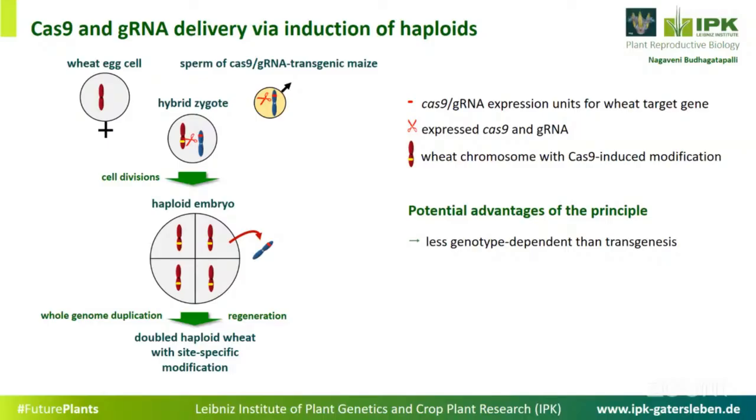And this haploid technology is much less genotype dependent. And therefore, this was actually my driving force, except that it's a cool approach, to look whether we can get it. And one other thing is once you have such a haploidy inducer carrying this specific Cas endonuclease and guide RNA, you can trigger specific mutations in a whole panel of different genotypes with this one plant even.